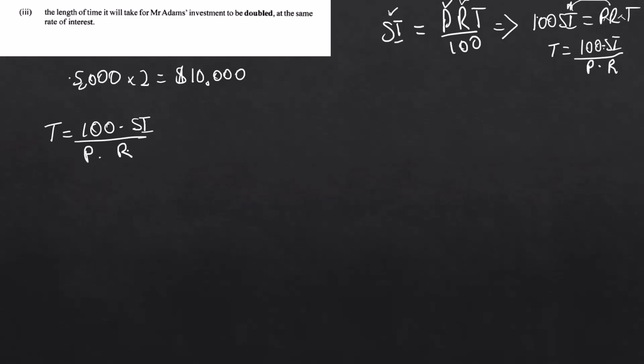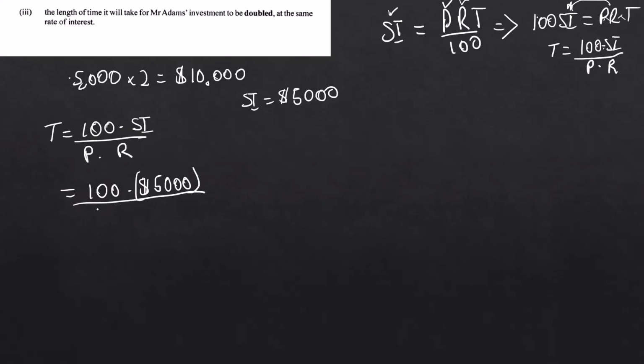What would be the simple interest? Anyone figured it out? Don't forget that. It's like $5,000, right? So the interest would be 5,000. Everything else is the same now, right? So 100 multiplied by the 5,000, our new interest, because they want to know how long it will take to double.